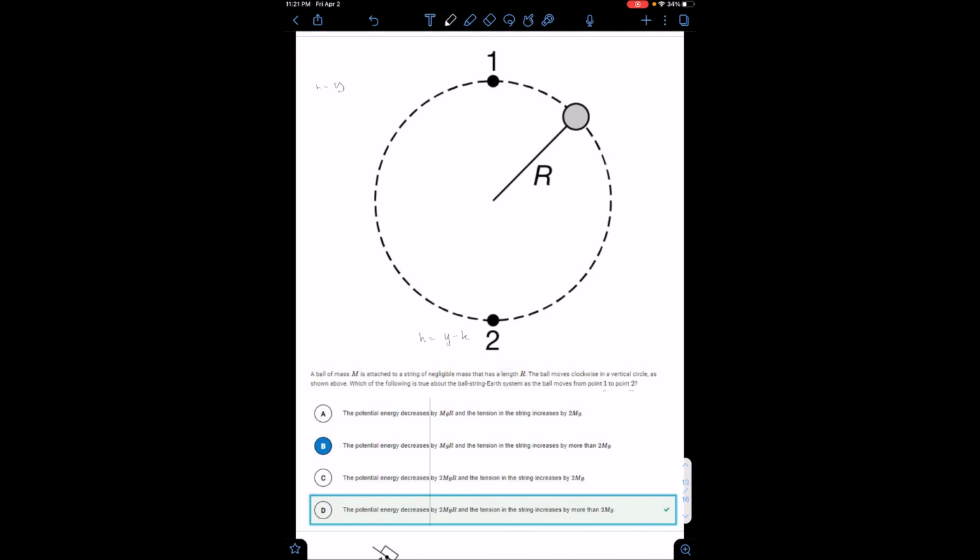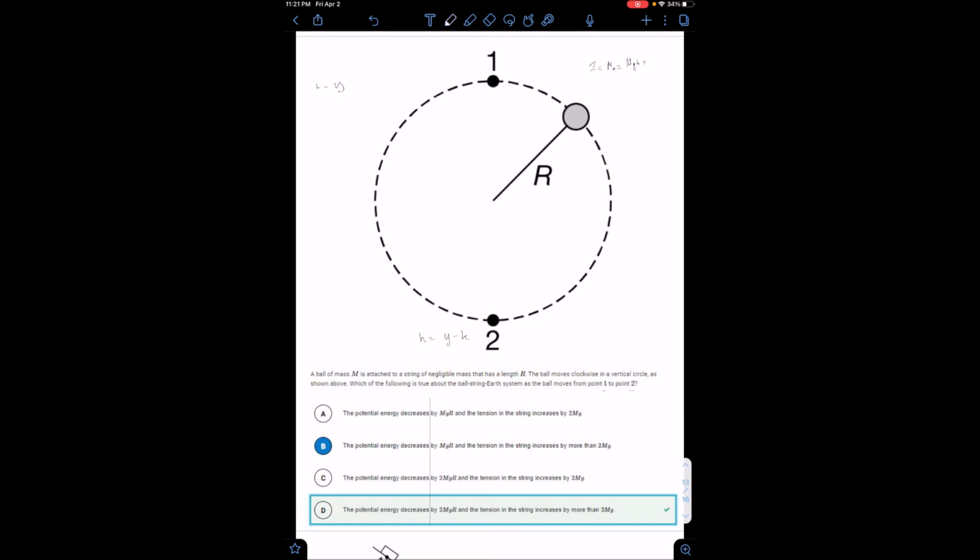So we know that at point 1, the total mechanical energy should be equal to mgy, or you know what, let's put h. mgh plus the tension in the string would still be... actually no, it's not equal to 0, sorry, I'm tripping right now.